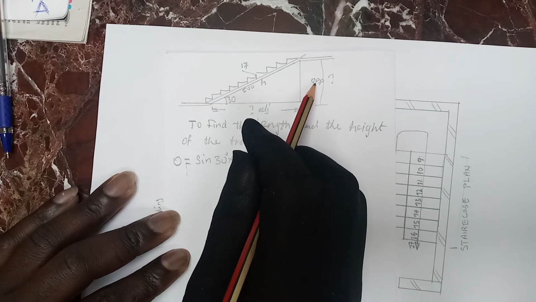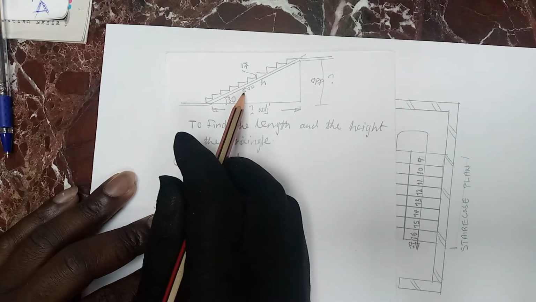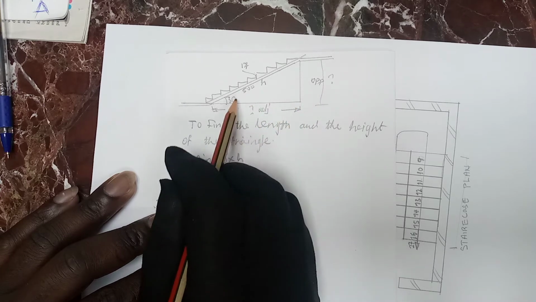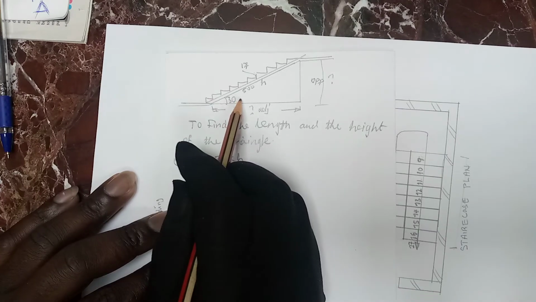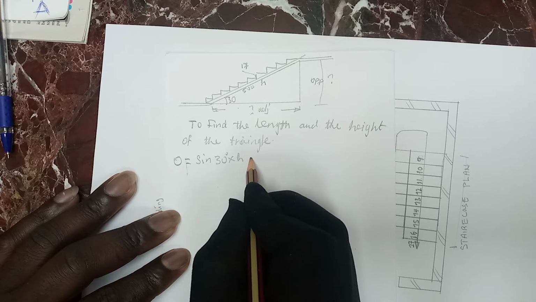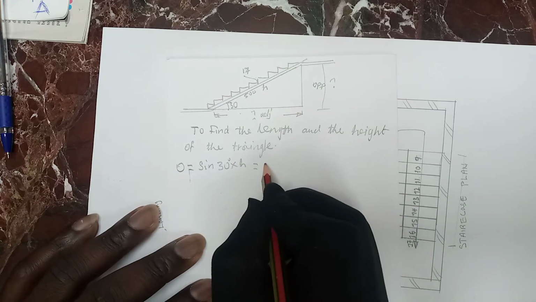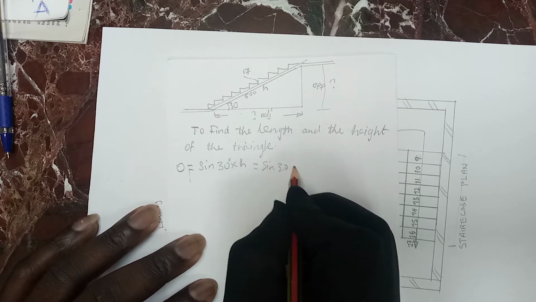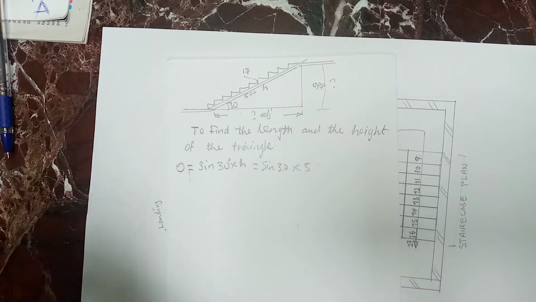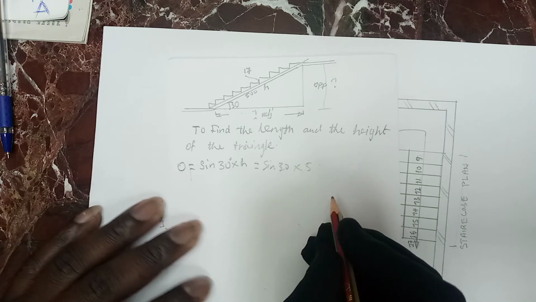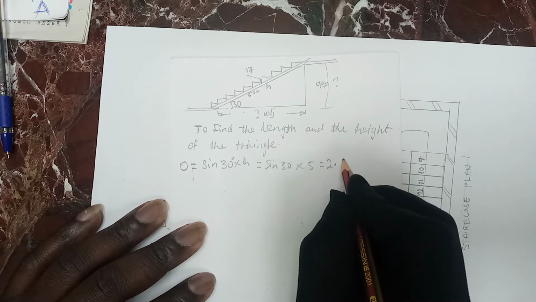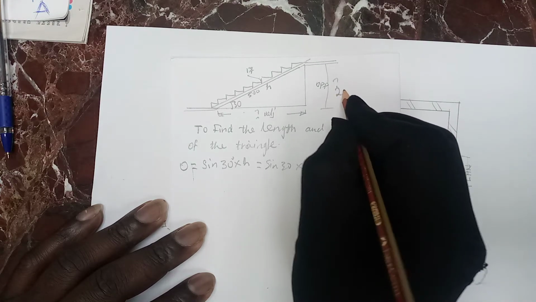That is sine 30 times 5, which equals 2.5. So this height is 2.5.